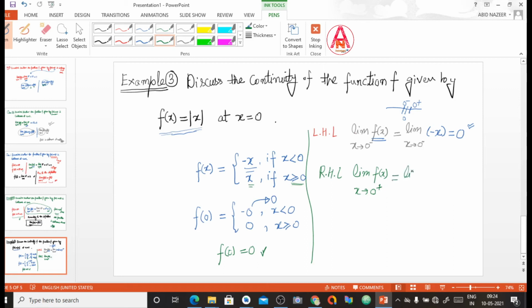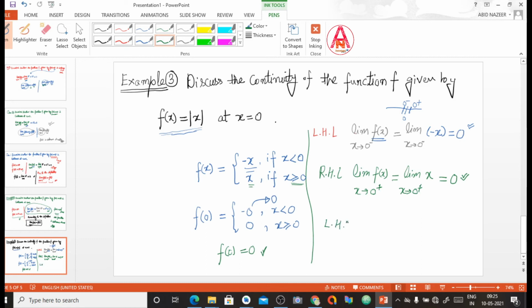So the next step, limit as x tends to 0 plus, and here we can write x, and if we find the function's value, it is going to be 0.